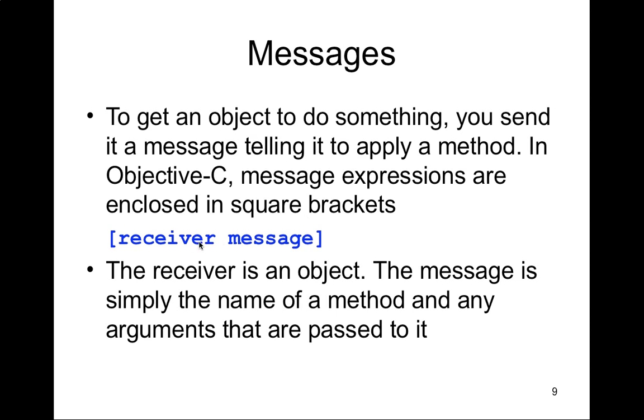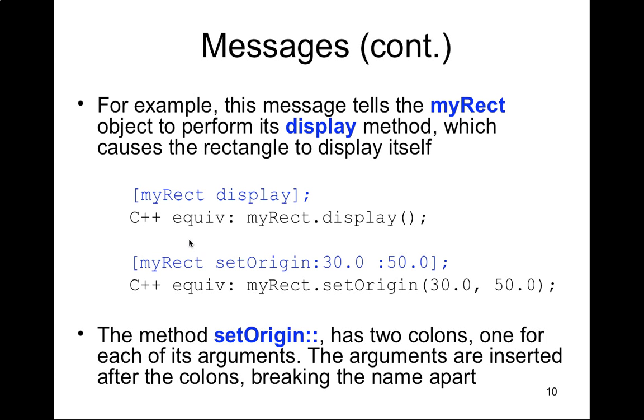Here's the syntax: the receiver object with the message we're sending it. If we do our message names like get something, set something, run this, run that, we're just basically telling the objects what to do. So we're controlling the objects. The receiver is the object. The message is simply the name of the method and any arguments that are passed to it. I'm going to talk about arguments next. So here's another example of the myRectangle.